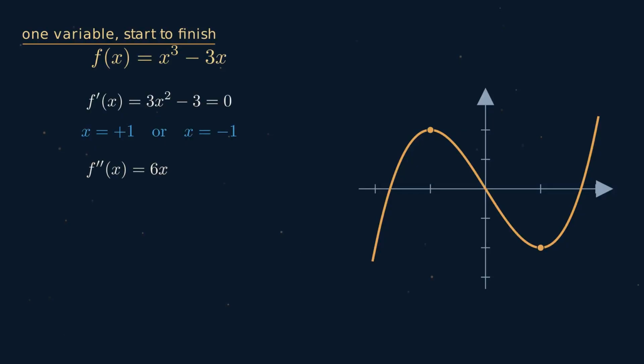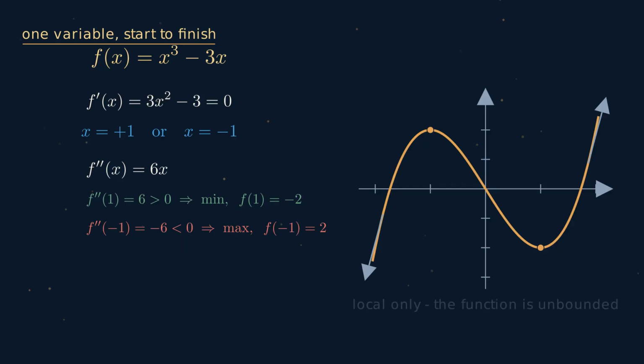The second derivative is 6x. At x equals 1, that is positive 6. The curve bends upward, so this is a local minimum, and the value there is minus 2. At x equals minus 1, it is negative 6. Bending down. A local maximum of value plus 2.